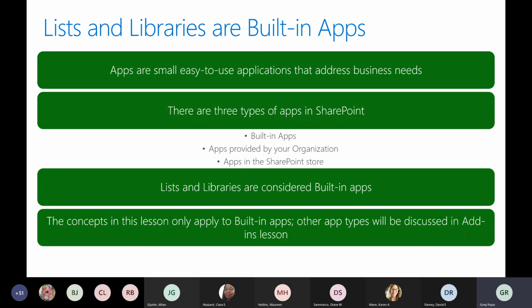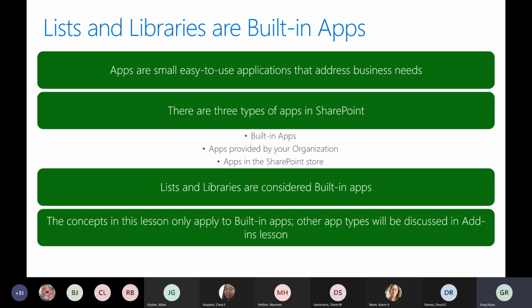So lists and libraries are considered built-in apps. Apps are what everything that we use in SharePoint Online is now. Everything is an app, just like you look at your phone nowadays, everything is an app. Costco, Amazon. Well, I'm on both of those all the time. They're all apps. So is everything in SharePoint. We're trying to switch that mentality of web parts and say, well, it's an app.